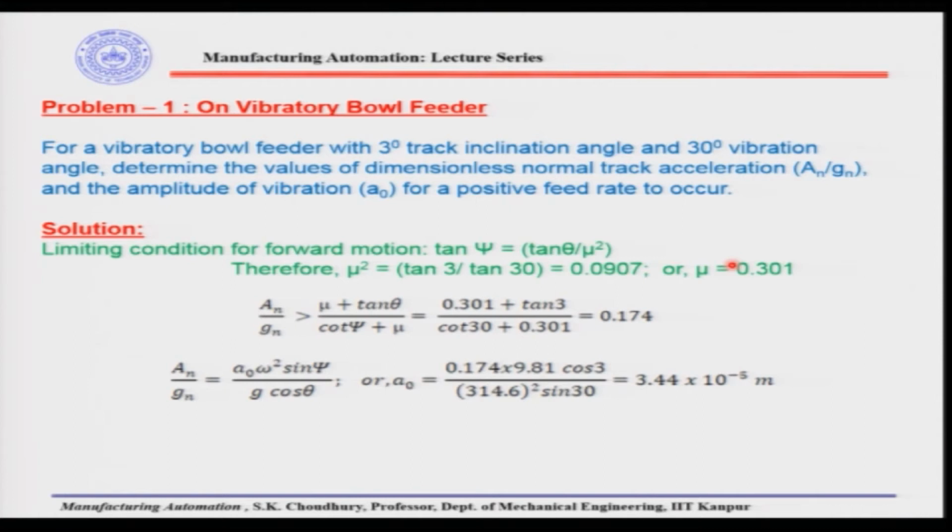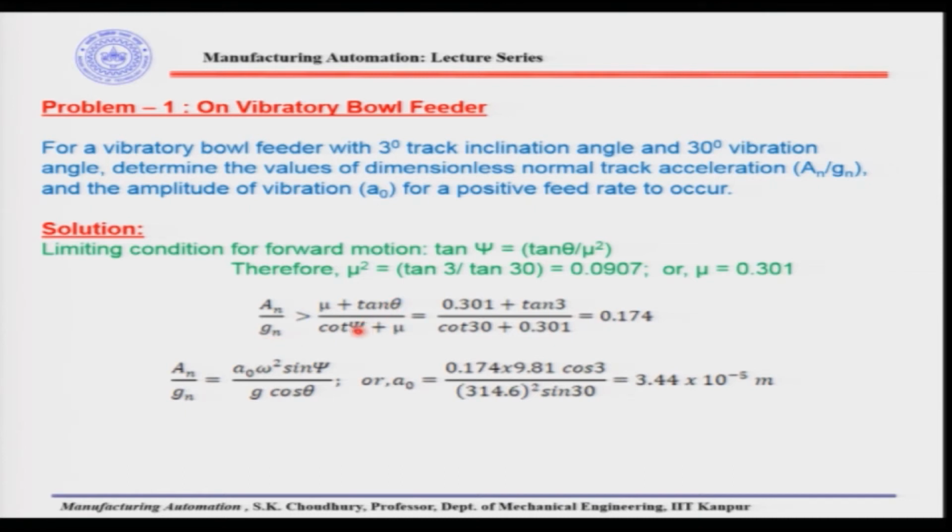Next, we found the mu because we have to find the dimensionless normal track acceleration, which has to be more than a certain value for the parts to go up the track. The condition is that the normal track acceleration has to be more than mu plus tan theta divided by cot psi plus mu. Theta is the track inclination angle, once more, and psi is the vibration angle.